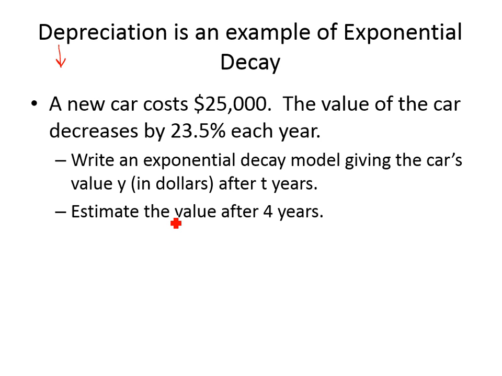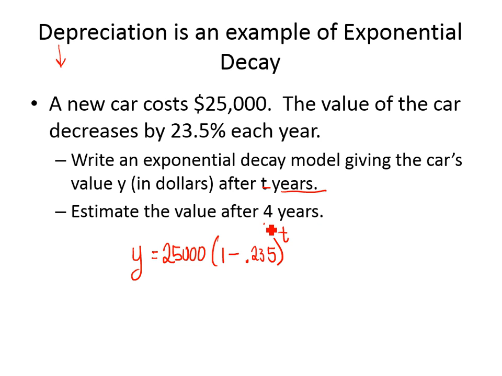Okay, so 25,000 is how much I spent, cold hard cash, buying that car. The first year, it loses 23.5%. In decimal form, that's 0.235, okay? And to the power of t. So I'm writing a model based on the power of t, after t years.